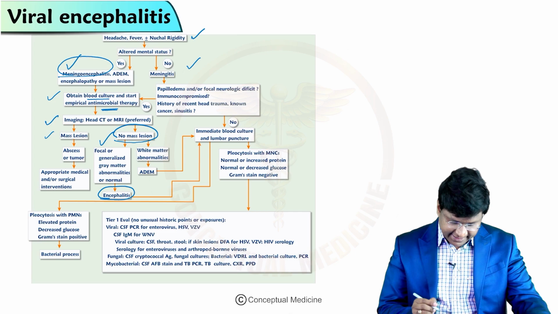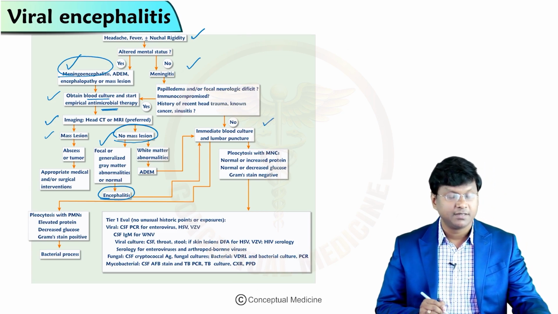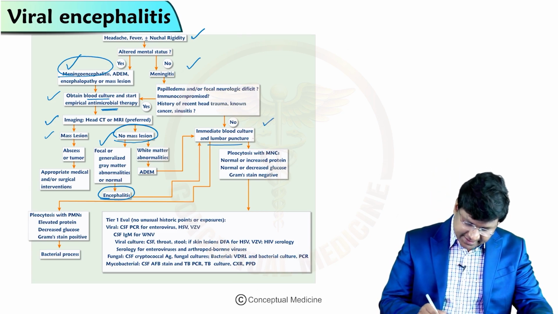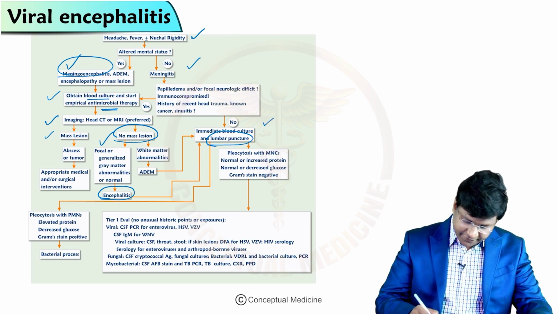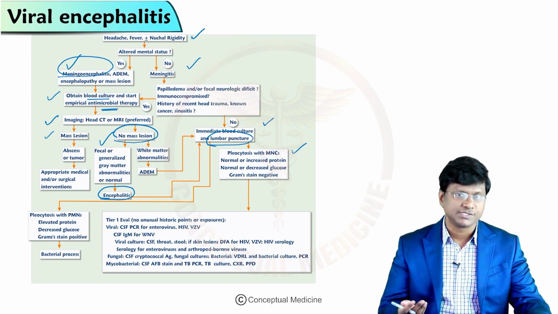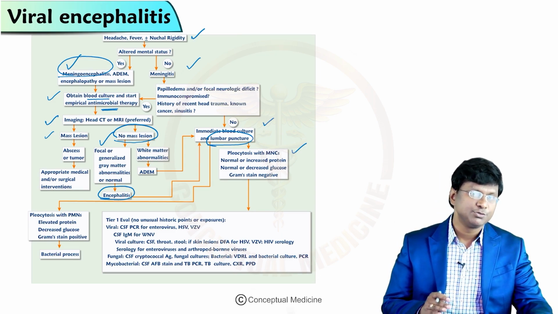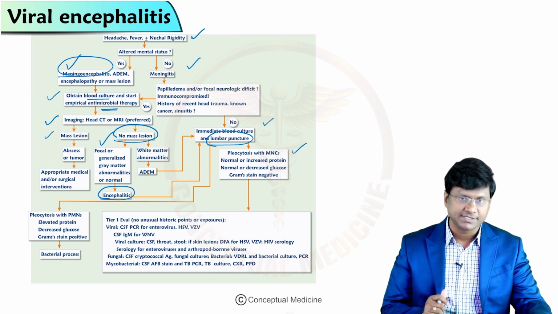And if it is encephalitis, immediately you have to do blood culture and as well as the lumbar puncture. And if the lumbar puncture shows pleocytosis, that is what is suggestive of encephalitis. And what type of pleocytosis will be there, I will discuss.